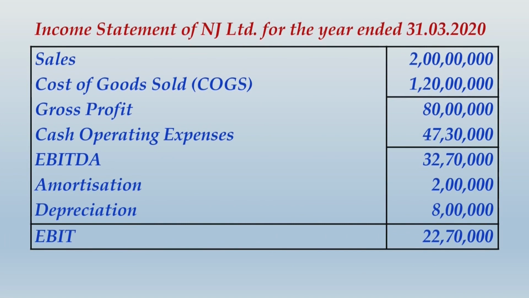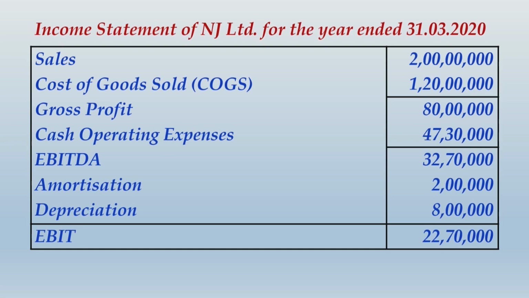What does this imply? That the financial year is beginning from 1/4/2019 and ending at 31/3/2020. That means the balance sheet given to you at the beginning is basically opening balance sheet or balance sheet at the beginning of the year.